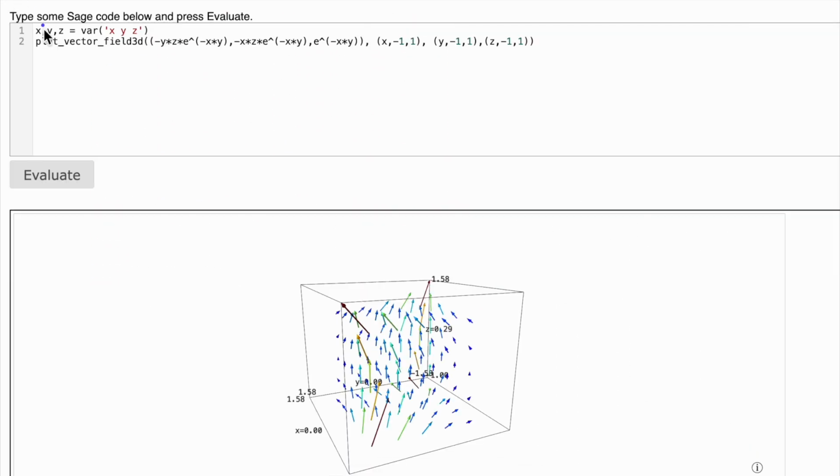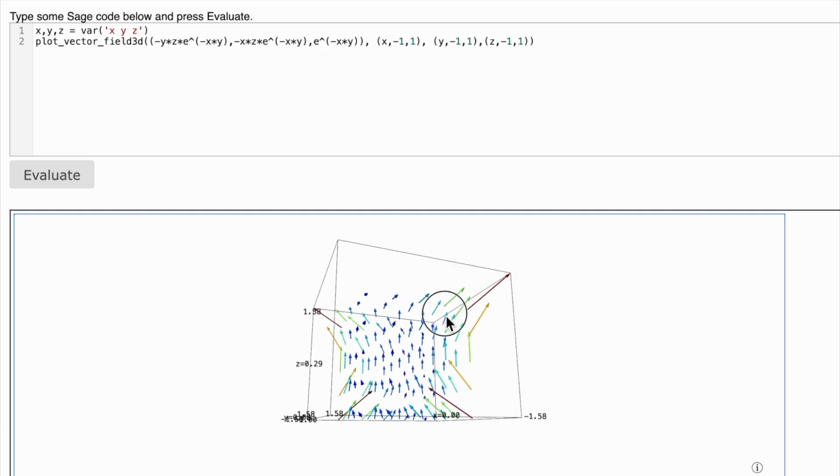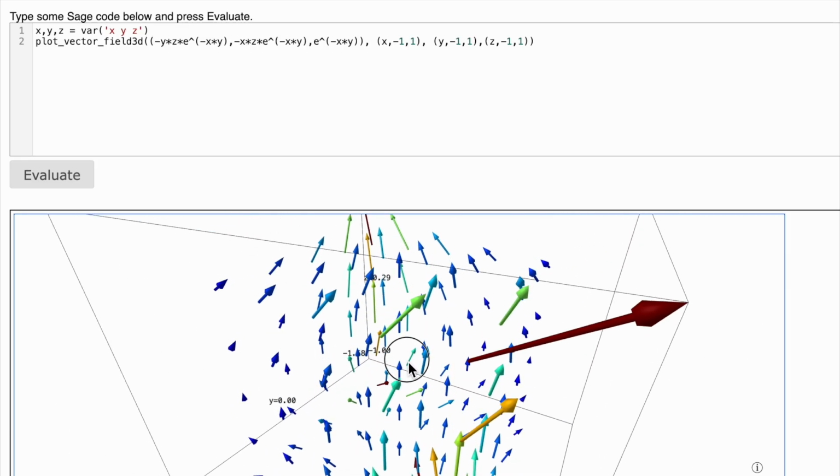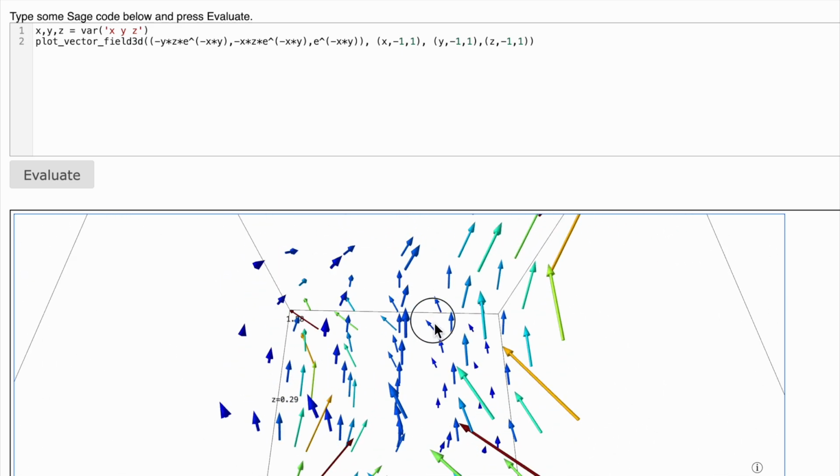Let's come back to the plotting of this vector field in Sage. So this is the function that we just calculated, right? This one that is the gradient of the function given. So we can see here how this vector field looks like at each point.